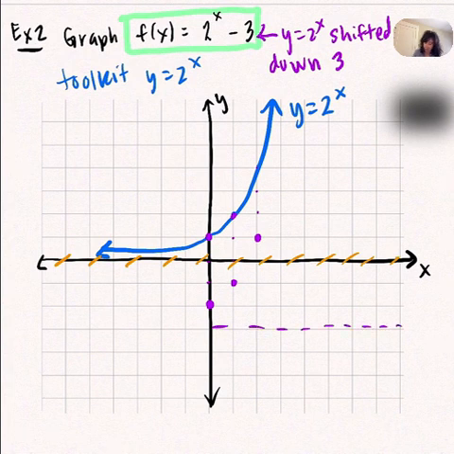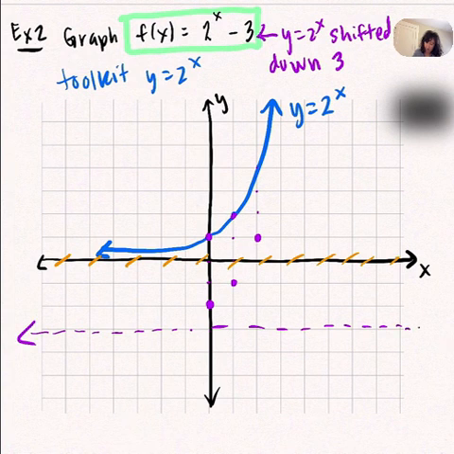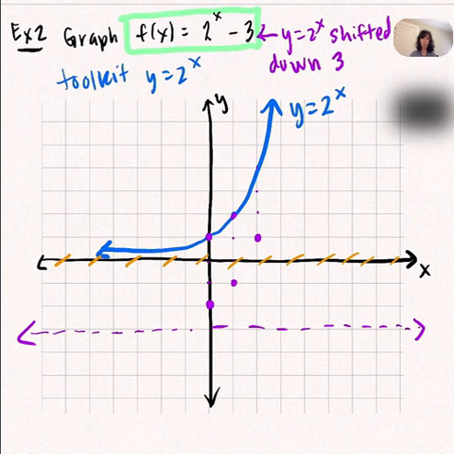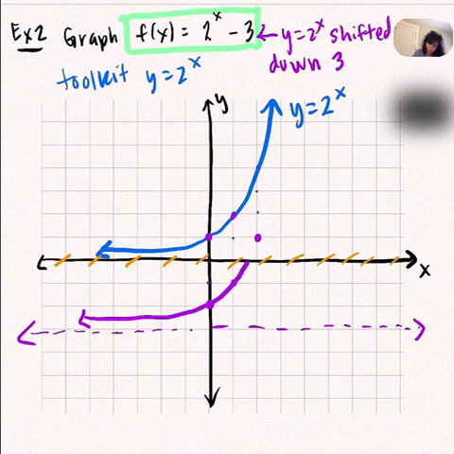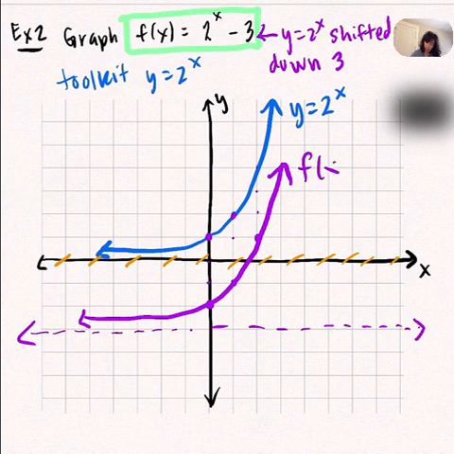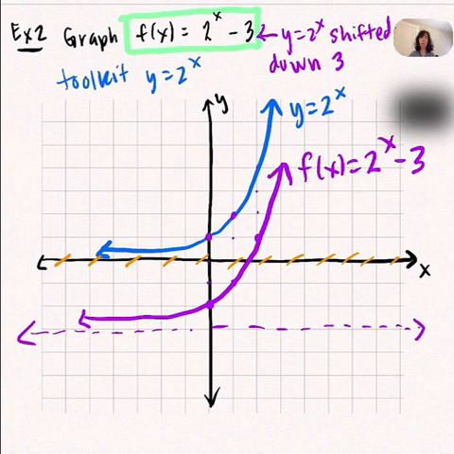When a horizontal asymptote shifts right or left, it doesn't move, but if it shifts up or down, then it does move. So let's fill in the rest of this picture here. I take the blue one and I move every single point down 3 to get something that looks like this. So I'm using toolkit functions and shifting them right, left, up, down, just like you've done with other functions.